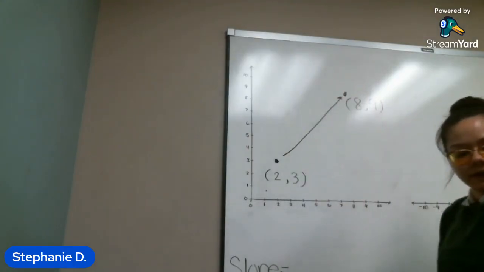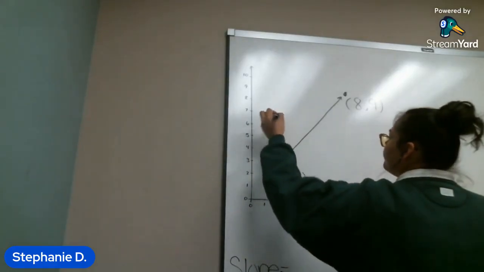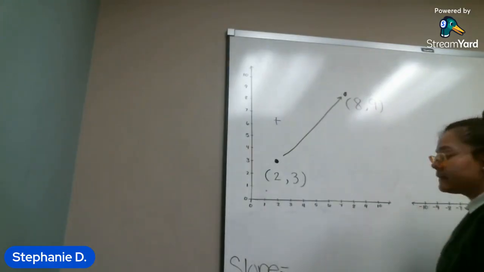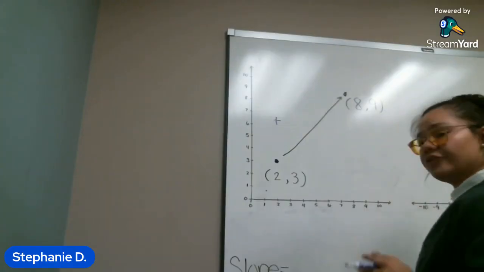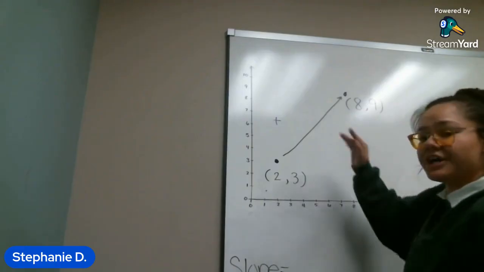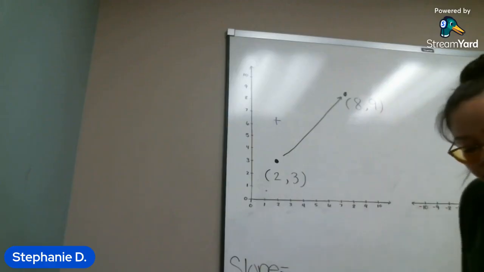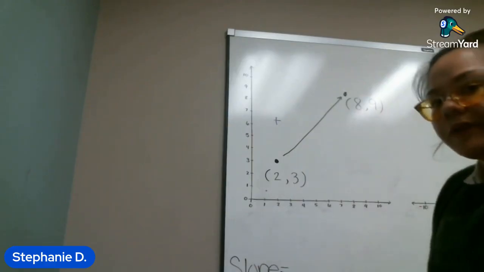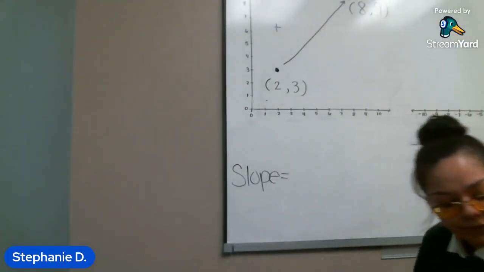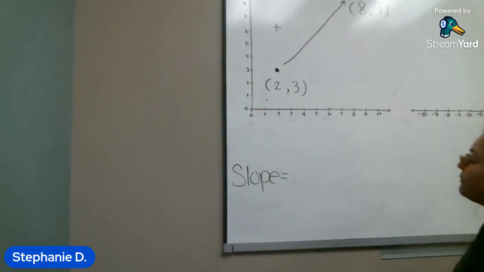As we can see here, it's a positive slope. But what's that number? There are two ways. We can use a formula, and then we can check our work by counting, which I'll show you in a minute.